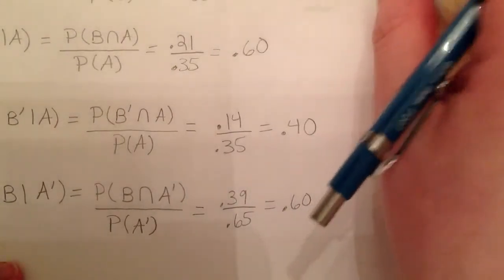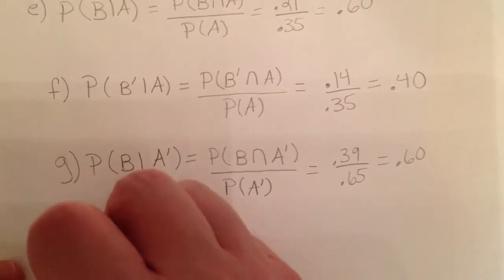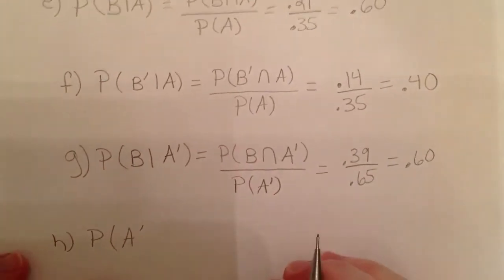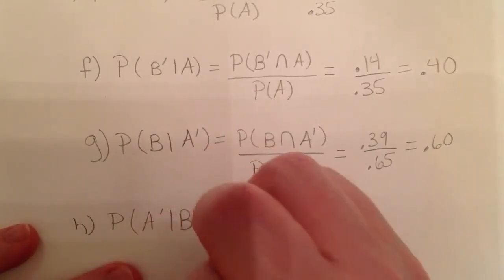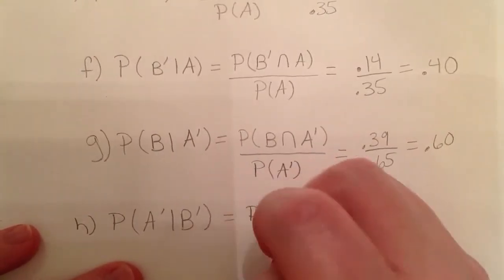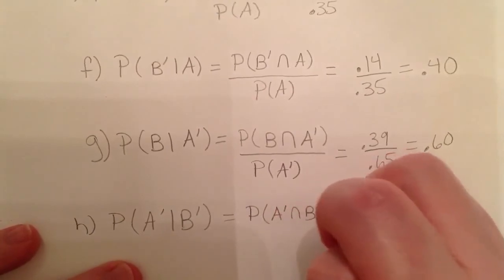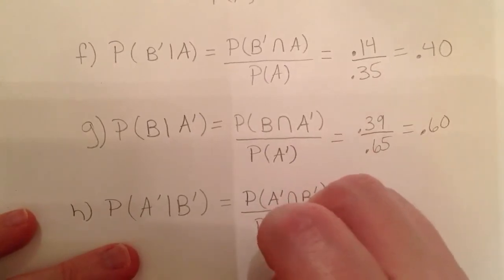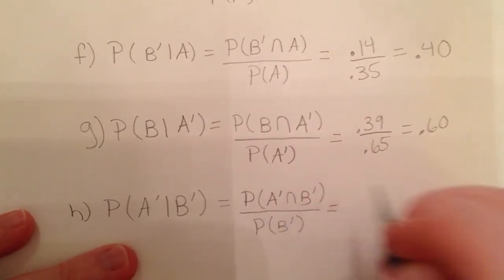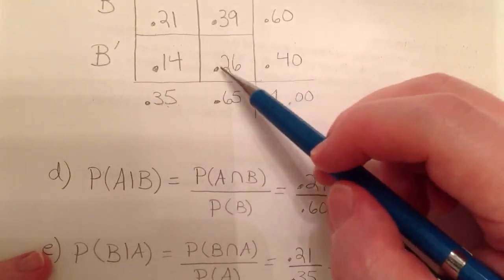Now, in part H, we're looking at the probability that A is not going to occur given that B is not going to happen. So we have the probability that neither A nor B will occur, the intersection, relative to the probability that B is not going to happen.